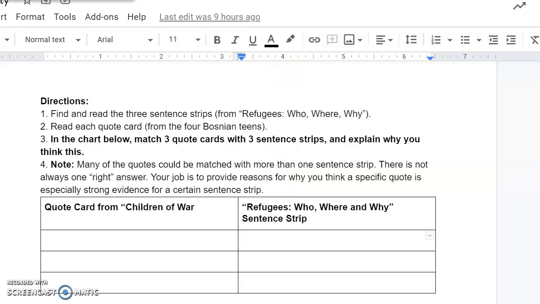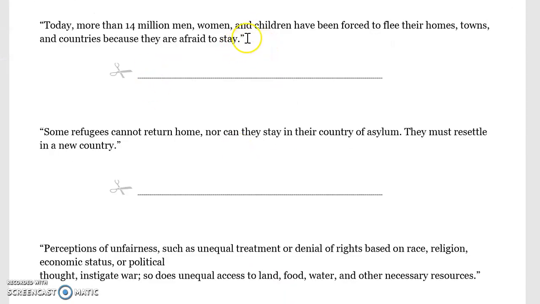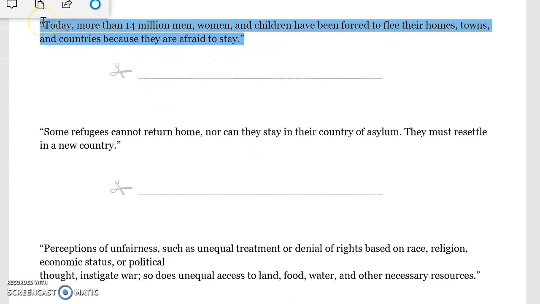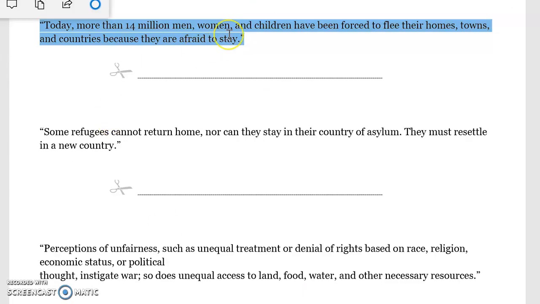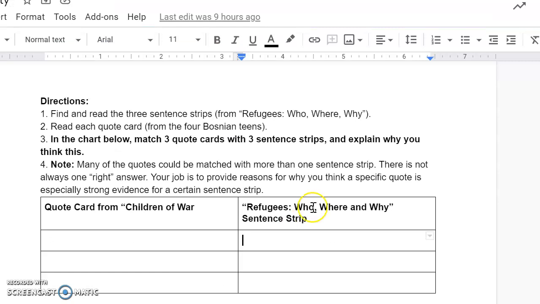Let me put this in here for y'all to reference. Let's say I'm going to copy this, and go back to my chart and put it here. Oh, did I not copy it? Let me try again. Maybe it doesn't let me do that while I'm doing screencast. Whatever, y'all get what I'm saying. Y'all put it right there.